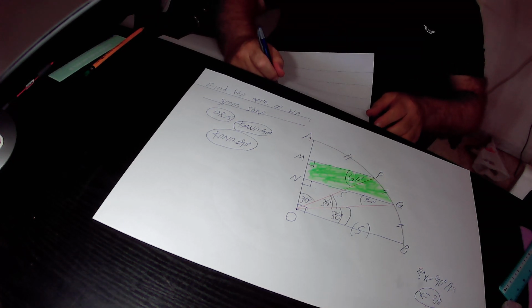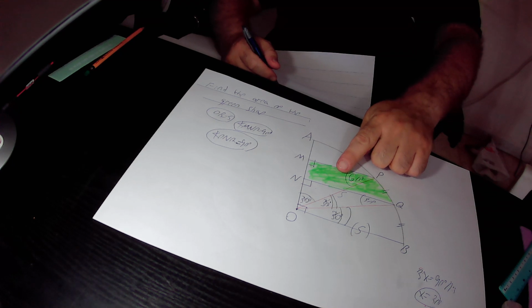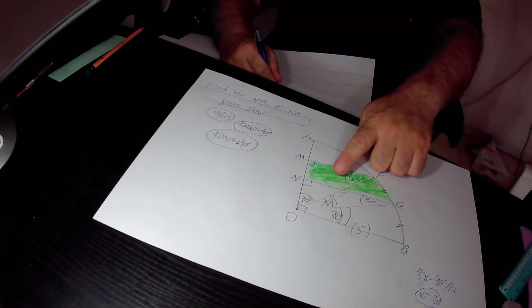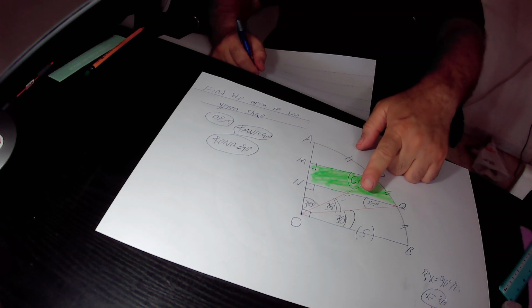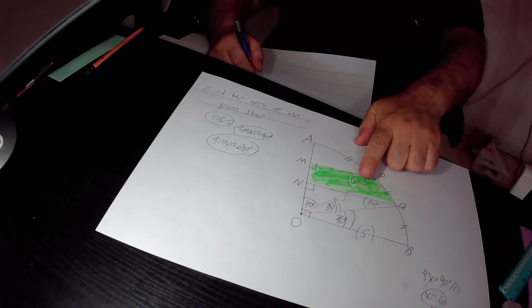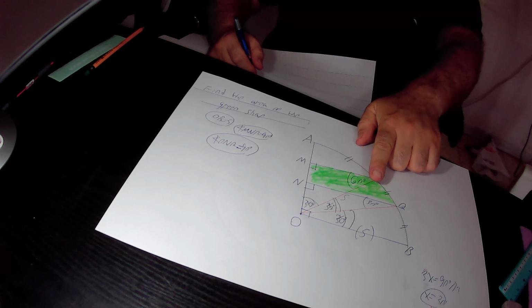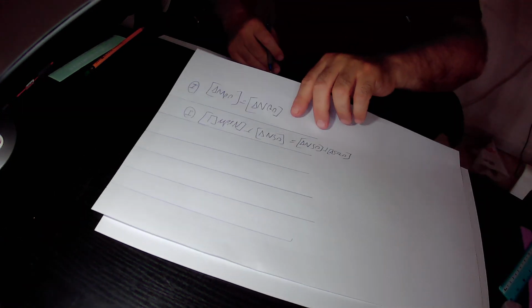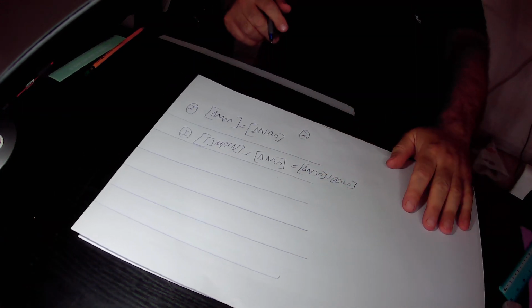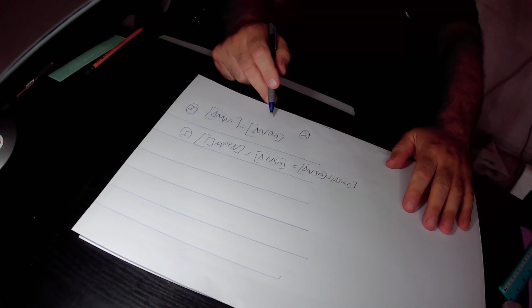So write it down: the area of the triangle NQO is equal to the area of this triangle NSO plus the area of this triangle SQO. This is not a right triangle, it is triangle SQO. And again, the area of triangle MPO is equal to the area of triangle NQO.